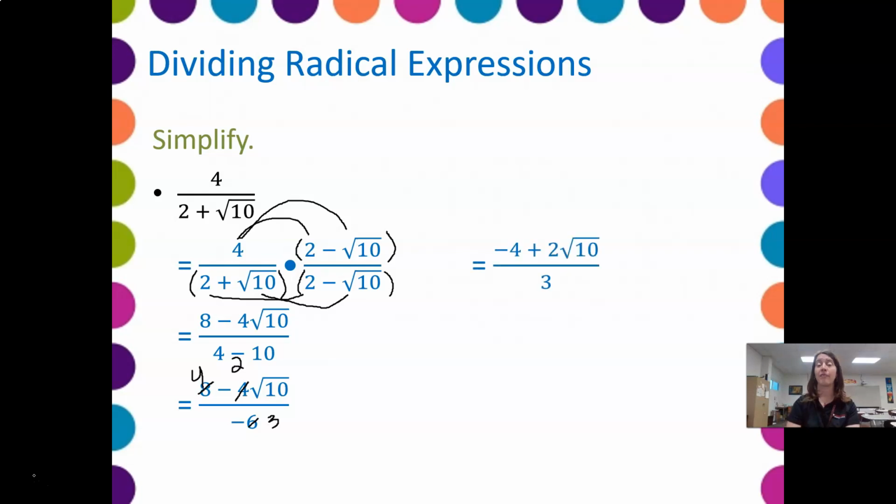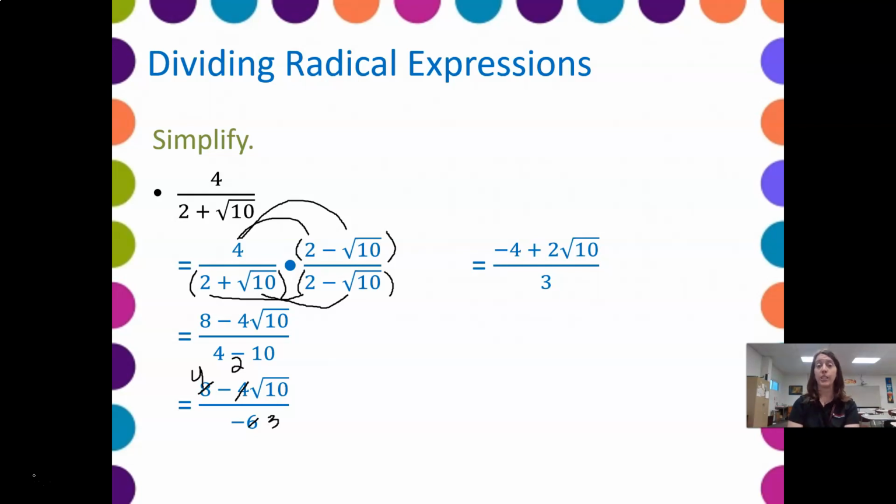So my positive 4 is now going to be a negative 4. My minus 2 square root 10 is a positive 2 square root 10. It's like I distributed that negative into the numerator, just like I distributed the 4 earlier in the question. So I took the negative out of the denominator and I moved it up to both pieces that are in the numerator, and that just leaves me with the number 3.